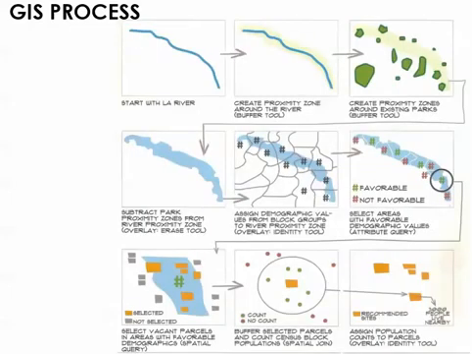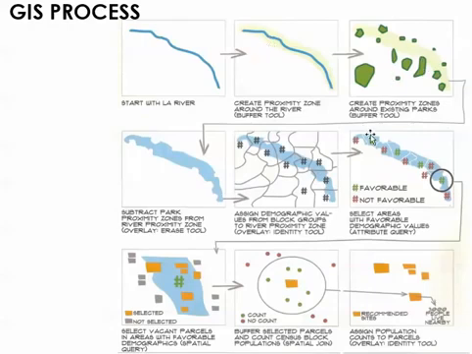So here's an example of the process that the GIS analysts involved in this project took to find the most optimal locations for this corridor for healthy living. They began with mapping out where the river was. They then created a proximity zone, a tool that we call the buffer tool, within a certain distance of the river, where they want to target to start greening its surroundings.